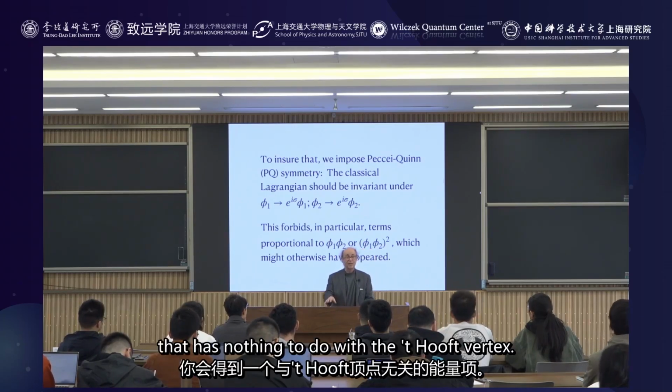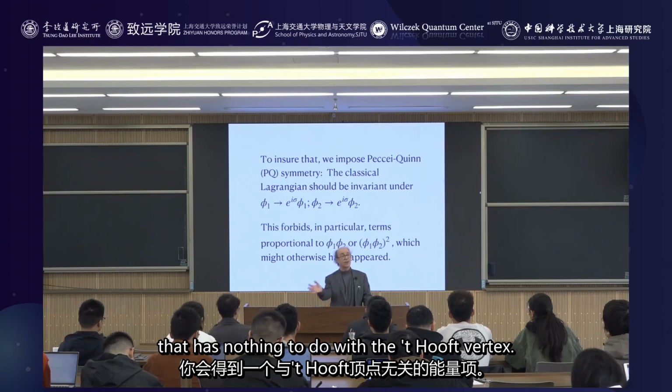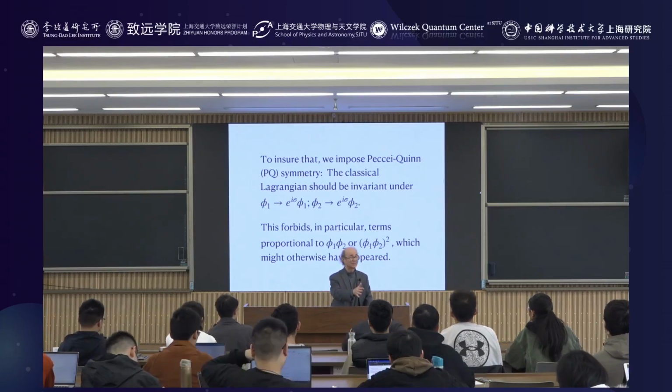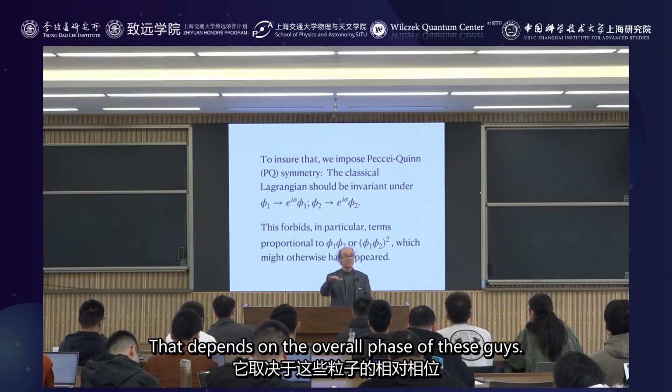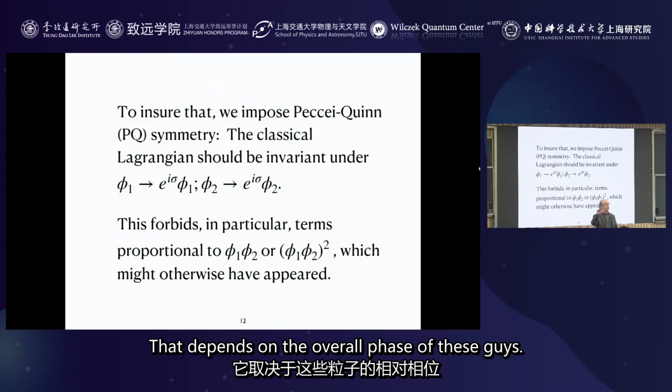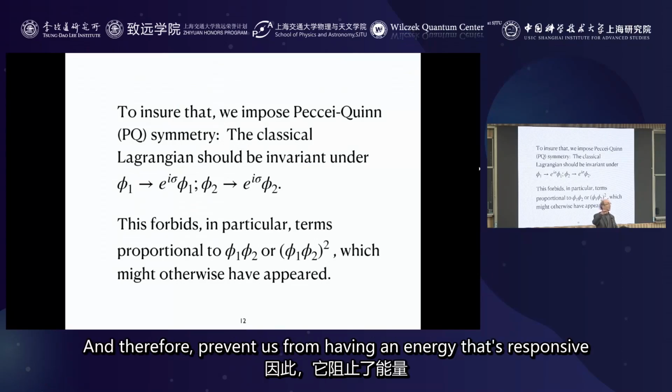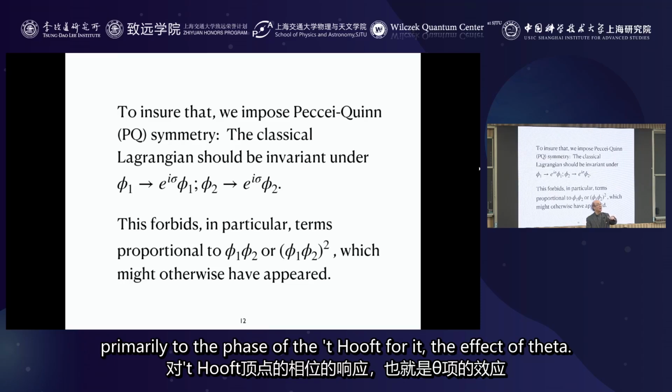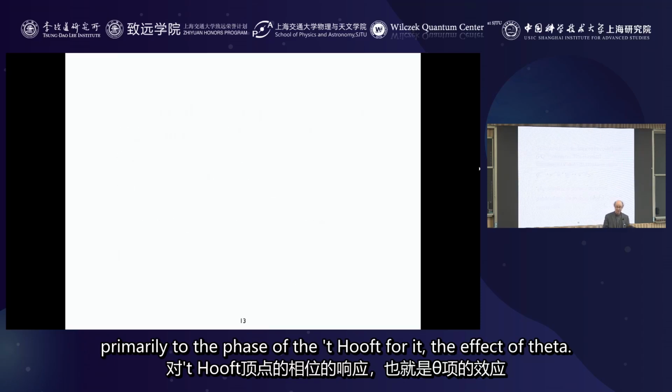And in both cases, you would have an energy that has nothing to do with the 't Hooft vertex, that depends on the overall phase of these fields, and therefore would prevent us from having an energy that's responsive primarily to the phase of the 't Hooft vertex, because it's the effective theta.